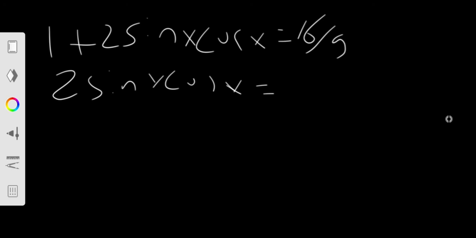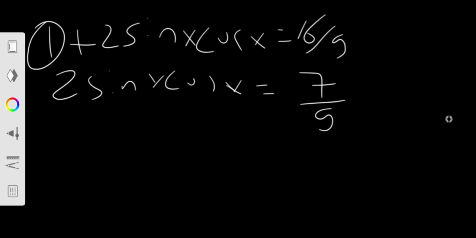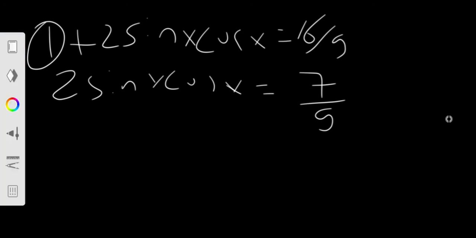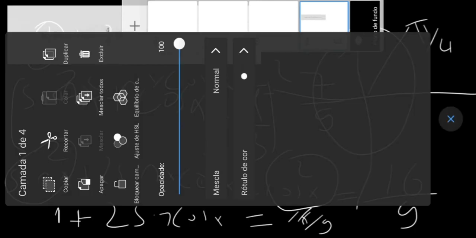I subtracted 1 from both sides, and 16 minus 9 is 7, so it will be 7 divided by 9. Let's keep this for now. Now let's go to the other part that we need to do.